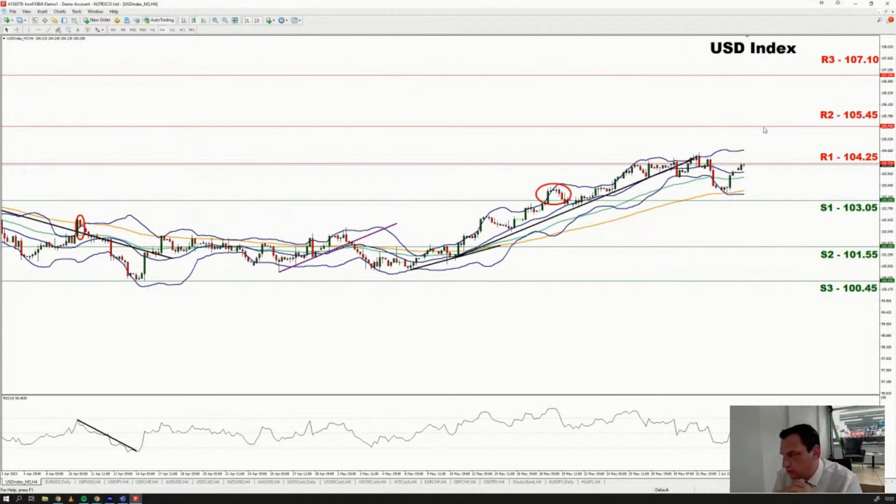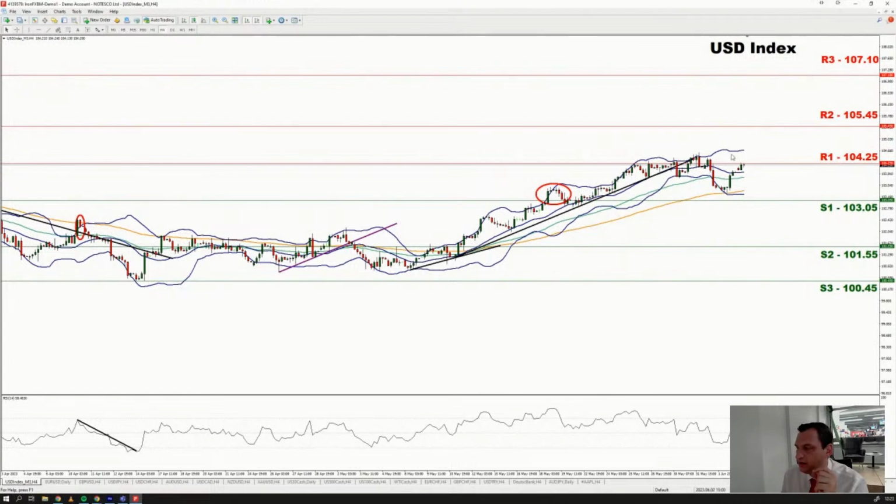For a bearish outlook, we would require the index to drop and reach, if not even clearly breach, the 103.05 and start slowly but steadily aiming for the 101.55. I wouldn't expect it to reach the S2, no, but I would require it to break the S1, at least for a bearish outlook.